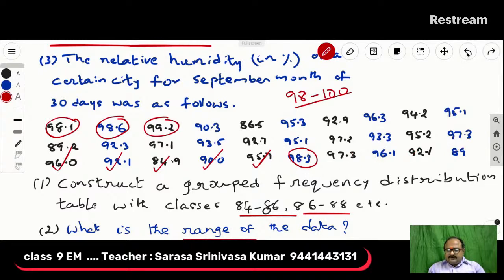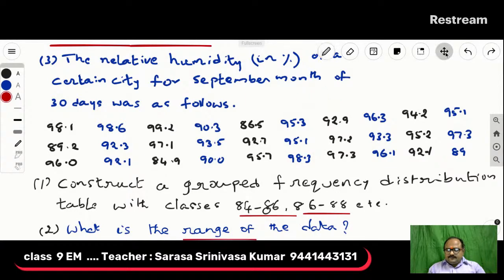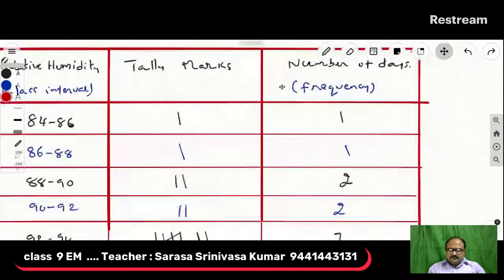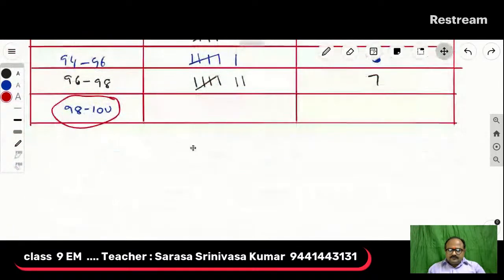So the frequency of this class interval is 4. It is written as 1, 2, 3, 4.